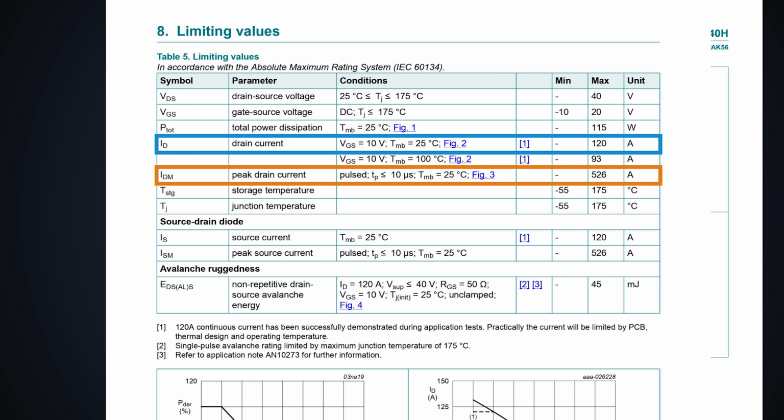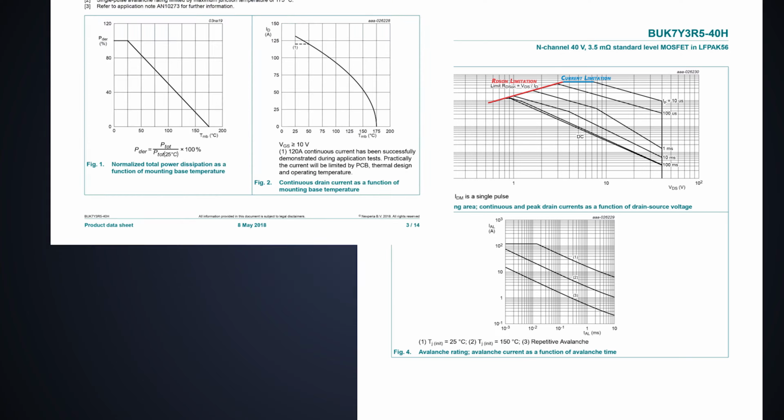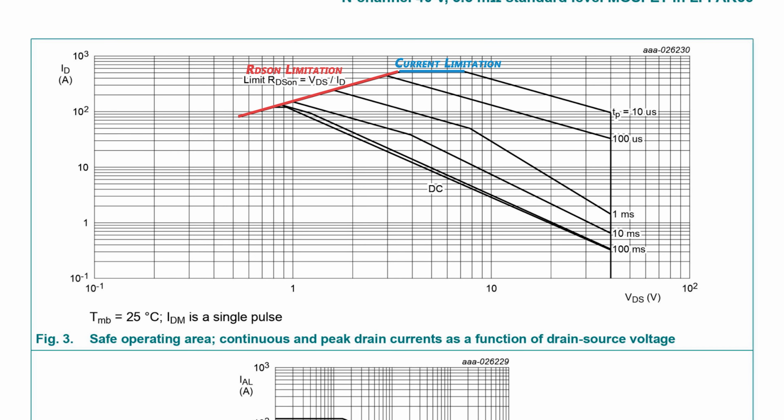For this MOSFET, it is 526 amperes. Hey look, this outer boundary is also measured at 10 microseconds. And the DC limit of this graph is also given here. If you see this tiny flat line, this shows the DC current capability of our MOSFET, which is 120 amperes.